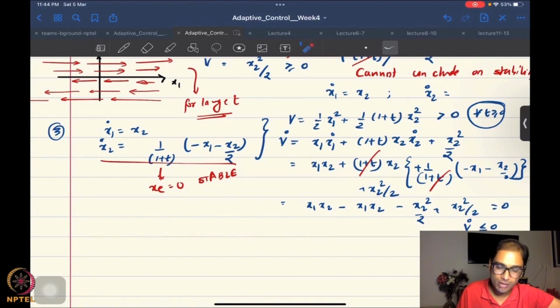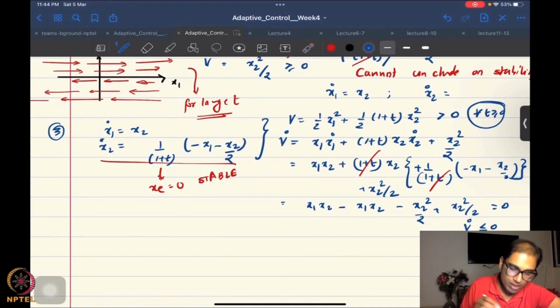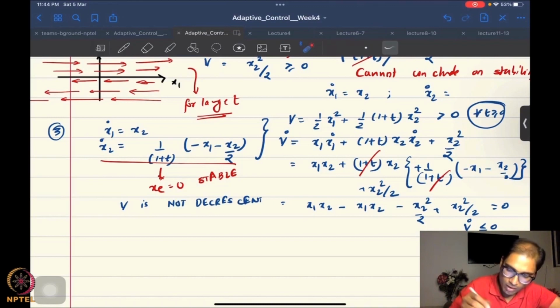Now the question is, is the system uniformly stable at the origin? So we notice that V is not decrescent. Why? Notice that this is a continuously increasing function of time.